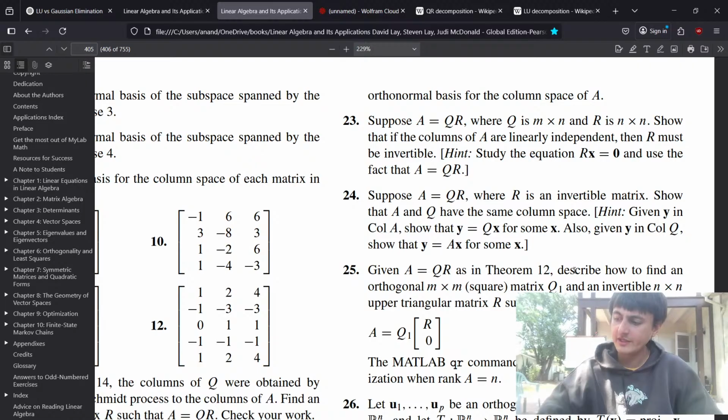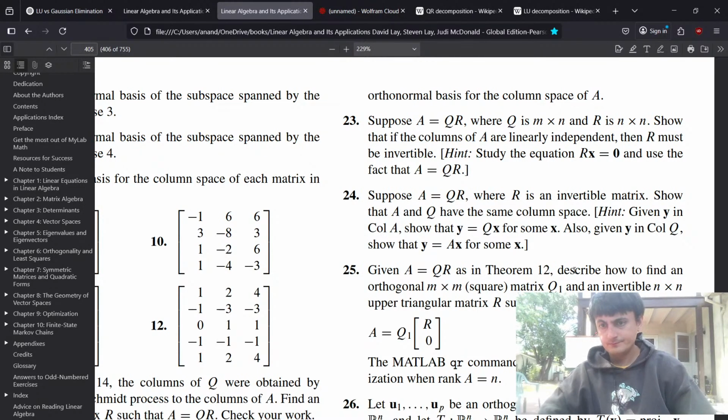Now we want to show there exists an x prime such that Qx prime is equal to y.